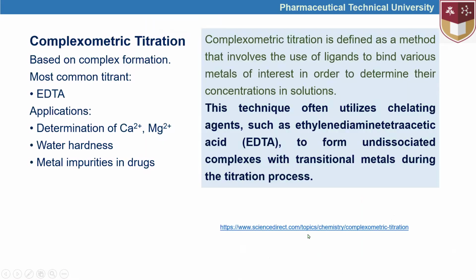Okay, and another type of titration is complexometric titration. It is based on complex formation. The most common titrant is EDTA, ethylene diamine tetraacetic acid, and the application can be used for determination of calcium or magnesium ions that are used to determine the water hardness, for example, or to determine the concentration of different metals, like metal impurities in different drugs.